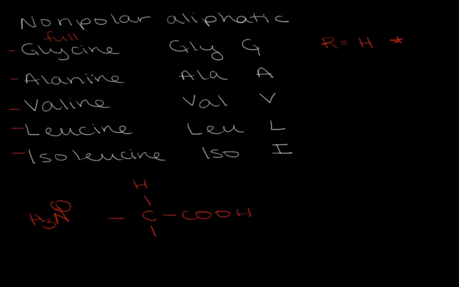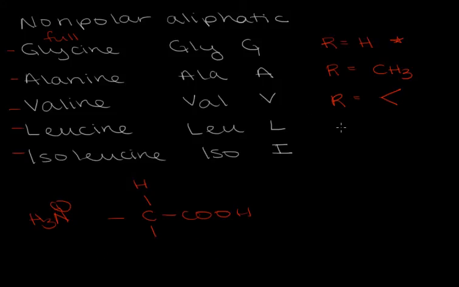Okay. Next up, alanine. R group is CH3. So if you're drawing this, CH3 would go here. I hope you get the picture. Valine, the R group looks like a V. It's 2 methyl groups, CH3, CH3. Okay.